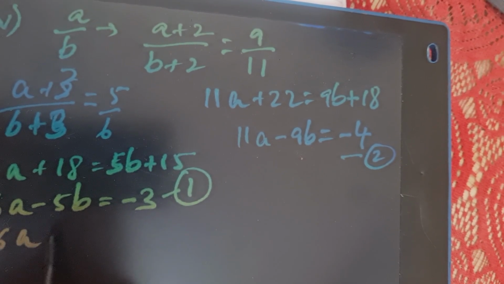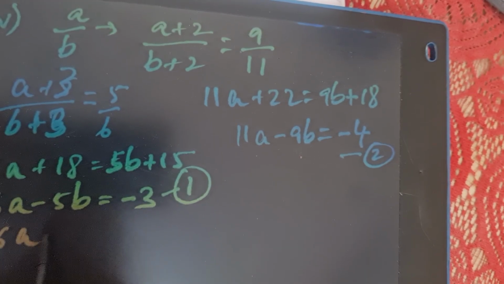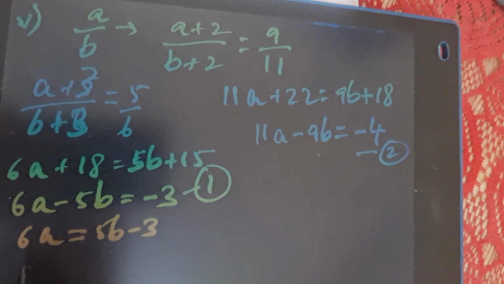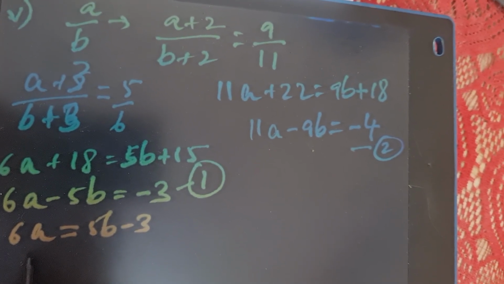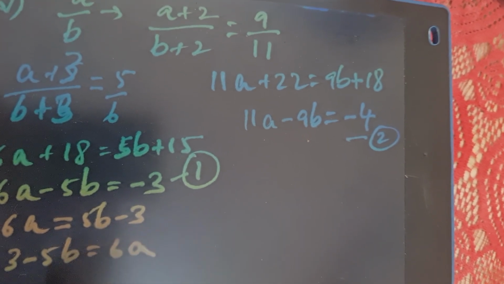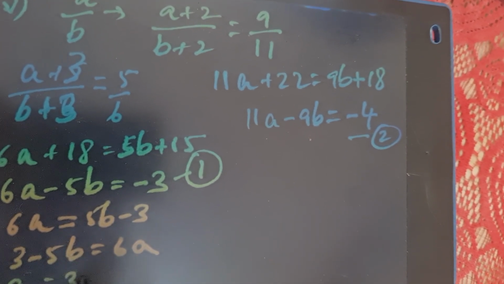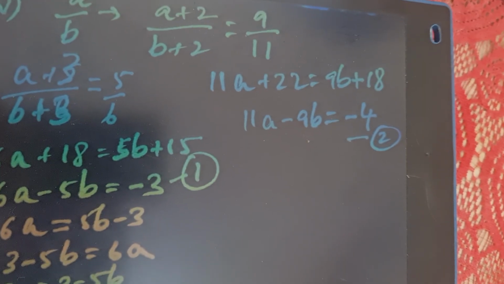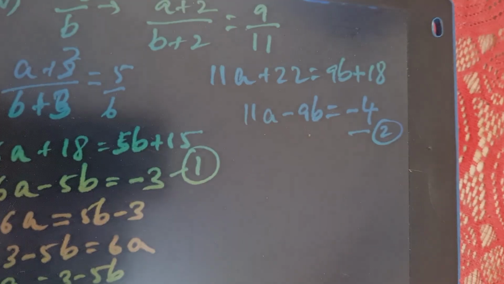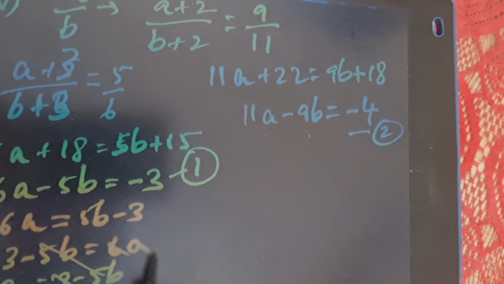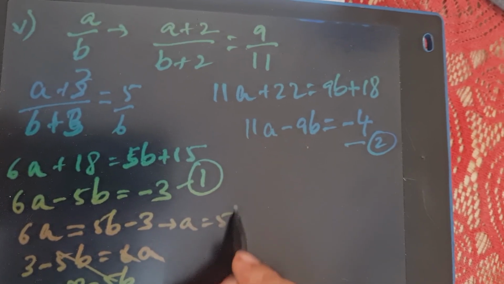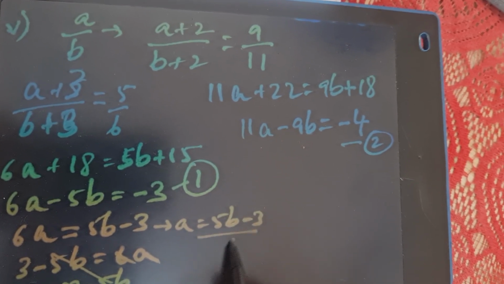So 6a is equal to 5b minus 3, so a is equal to 5b minus 3 divided by 6.